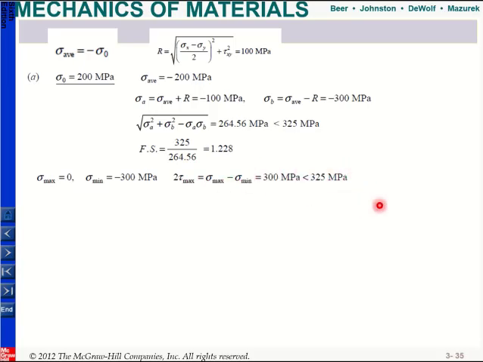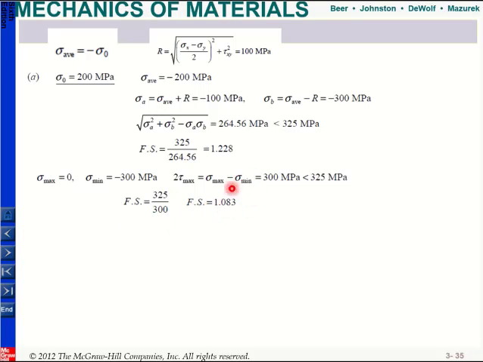Okay. And then when you compare this, since it is less than 325, it's also safe if you use this shear stress criterion. But if you calculate your factor of safety, it will be equal to your sigma y divided by this value, so 325 divided by 300, and then your factor of safety will be 1.083.